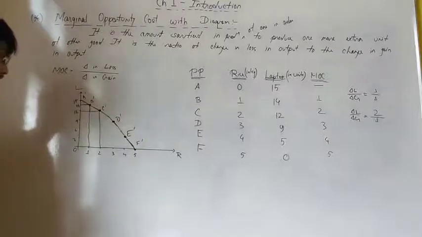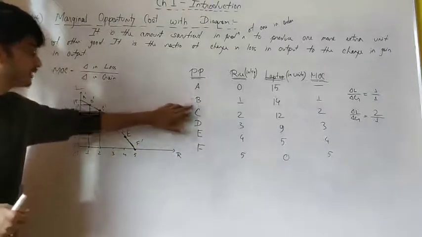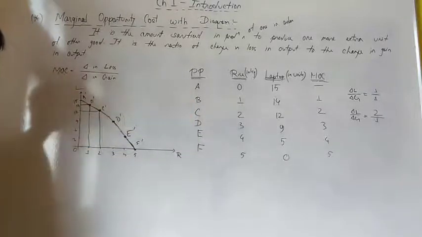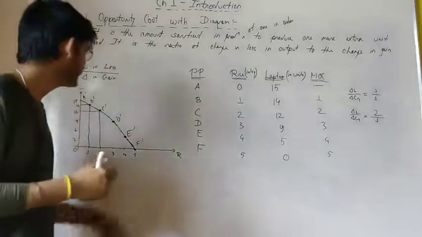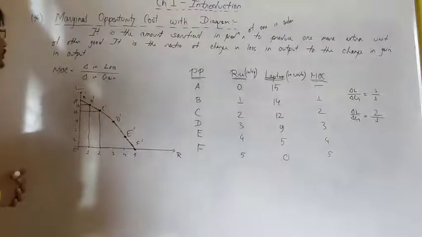So thus we can say that in order to produce one more extra unit of rice from point B dash to point C dash, or B combination to C combination, we need to sacrifice 2 units of laptop. Well, this is how we draw the marginal opportunity cost with the help of a diagram.